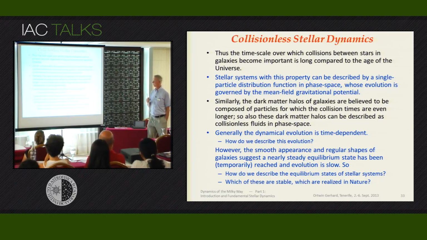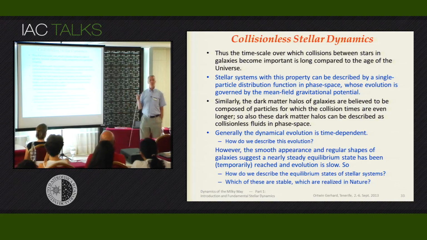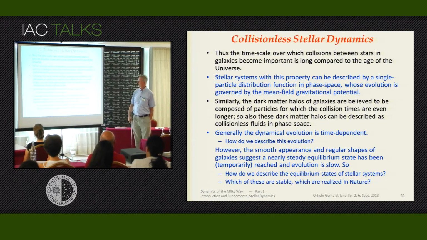So we could suppose that for at least most of them, a nearly steady equilibrium stage has been reached, and the evolution of that equilibrium stage is slow. So it's a reasonable approximation to, for the moment, think of it as a true equilibrium stage and try and investigate the properties of them using such equilibrium models, which are much easier to deal with than fully time-dependent models.